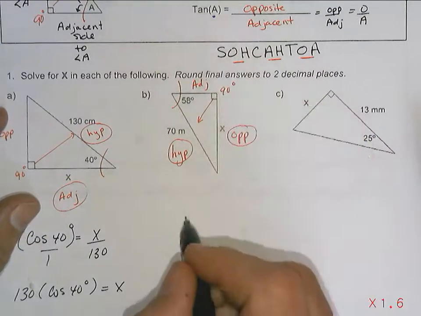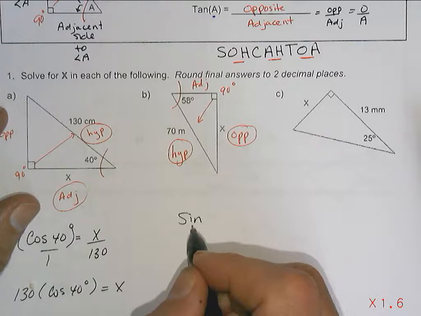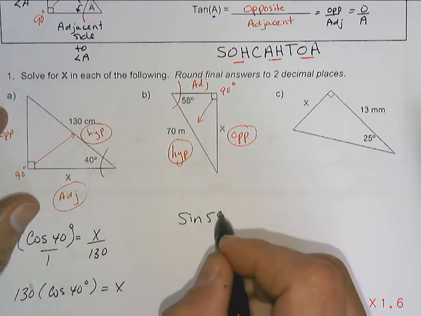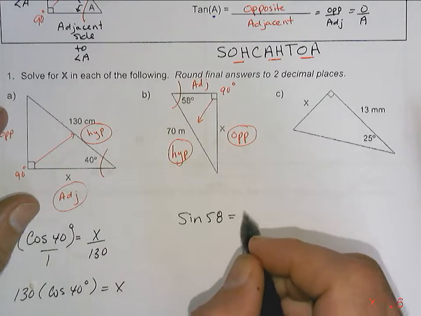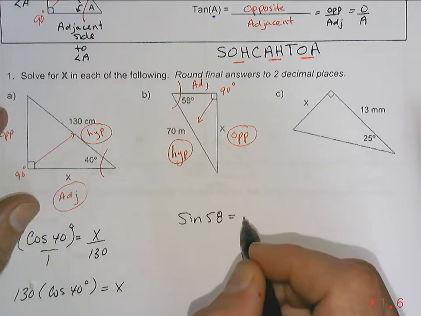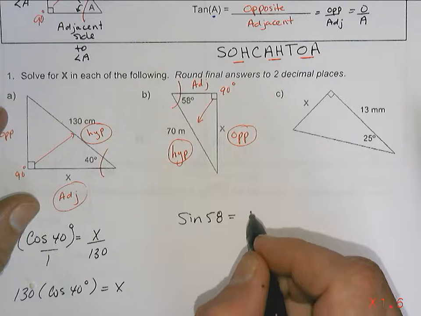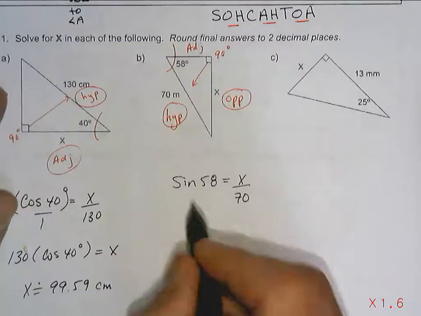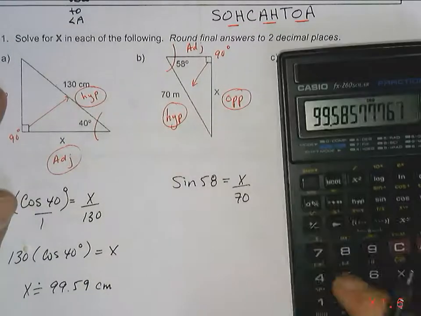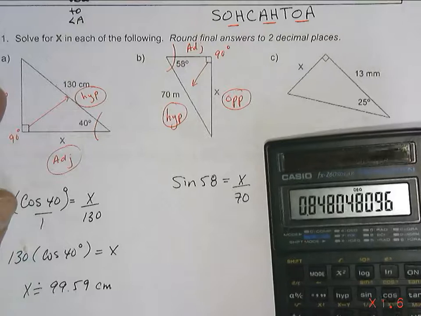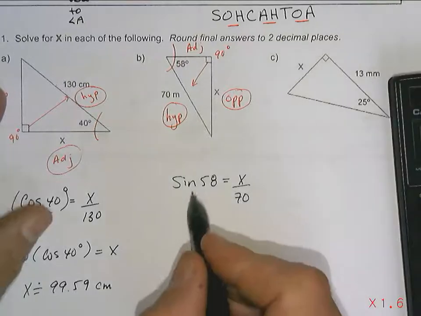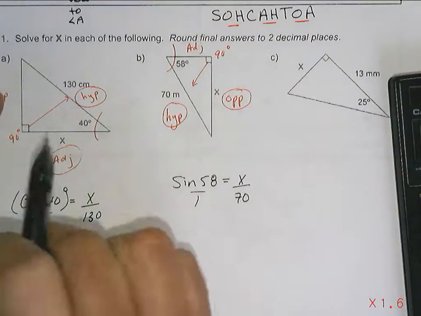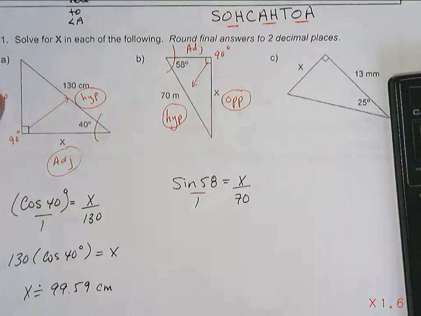That's going to be sine, not sin. Sin is for religion class. Sine is for math class. So it's going to be opposite, which is x, over hypotenuse. So again, this is a decimal. This is simply 58 sine. That's the decimal that it is. So I'm going to put it over top of 1, and I'm going to cross multiply.